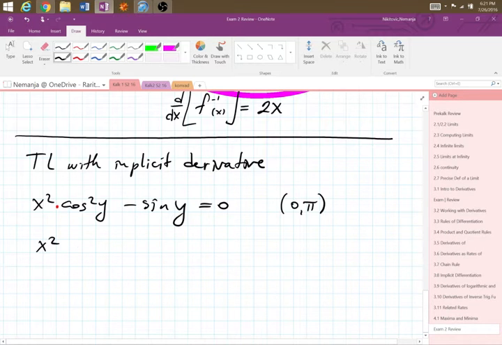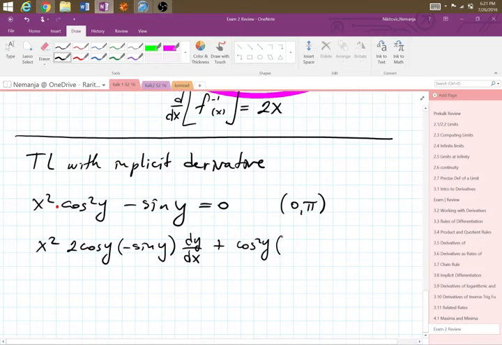Derivative of the second is 2 cosine y times the derivative of cosine, which is negative sine, and because we took the derivative with respect to y, we follow with dy dx. Plus, we're still in the product rule: copy the second, cosine squared y, times the derivative of the first, which is 2x. Minus the derivative of sine, which is cosine, so cosine y, again dy dx, equal to 0.